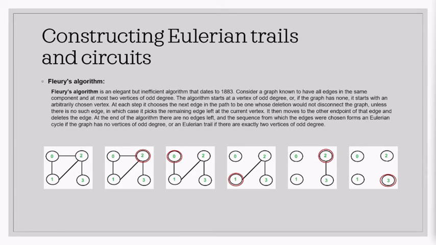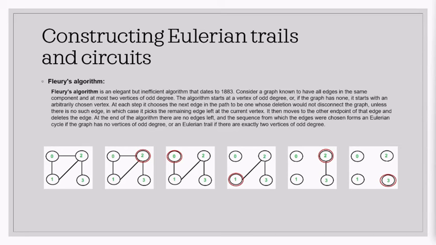About Fleury's algorithm. It is an elegant but inefficient algorithm that dates to 1883. Consider a graph known to have all edges in the same component and at most two vertices of odd degree. The algorithm starts at a vertex of odd degree, or, if the graph has none, it starts with an arbitrarily chosen vertex.